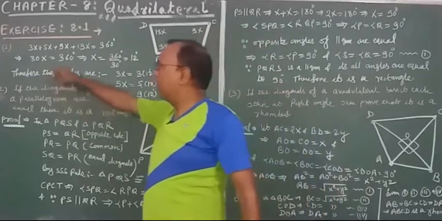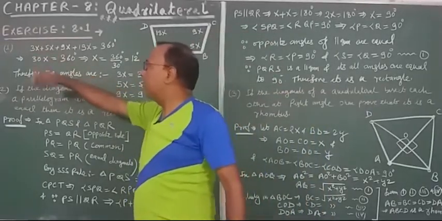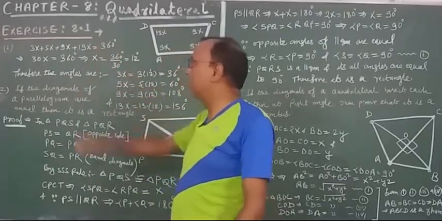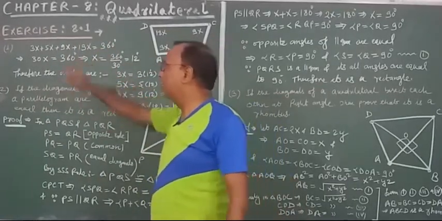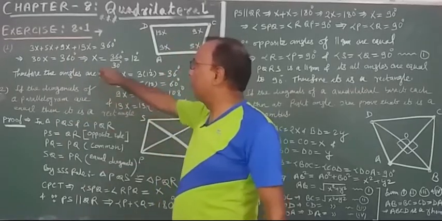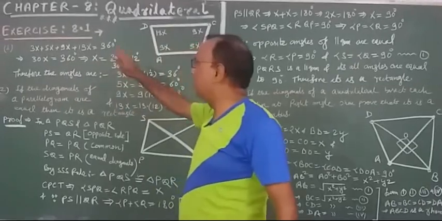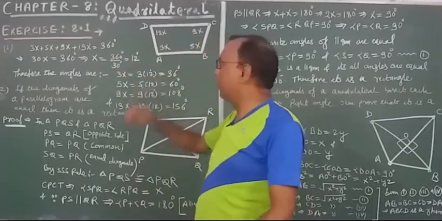Now we will add them: 5x and 3x, 8x plus 9x, 17x plus 13x, 30x. 30x is equal to 360 degrees. Therefore, the value of x will be 360 degrees divided by 30. You will get 12 degrees.